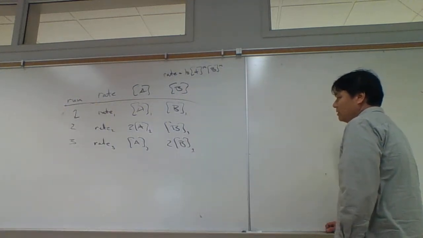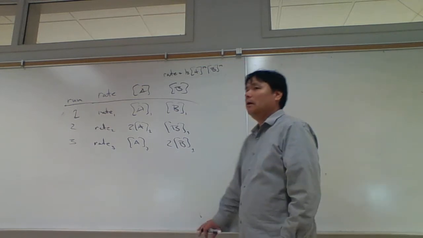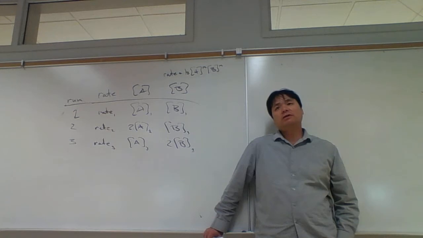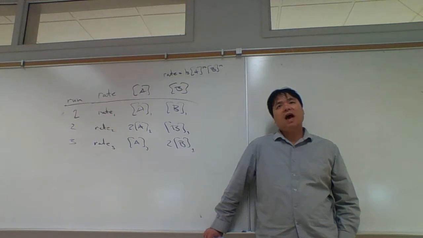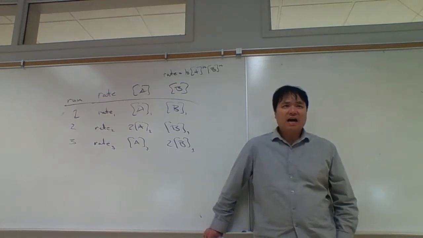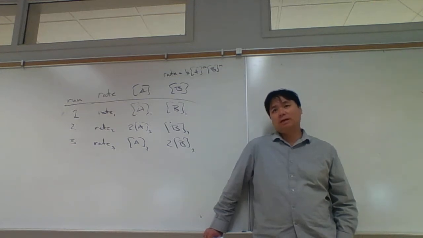Now, what did we do? We did sodium hydroxide, and we doubled the sodium hydroxide. When we doubled the sodium hydroxide, did the reaction take half as long or a quarter as long? In other words, did that reaction happen twice as fast, or 4 times, or did it happen the same speed?